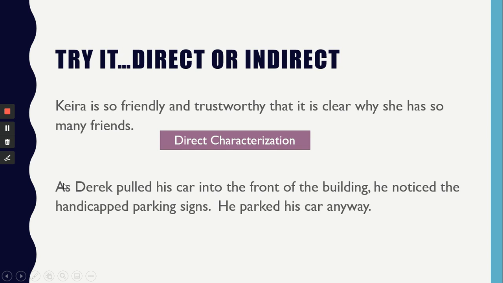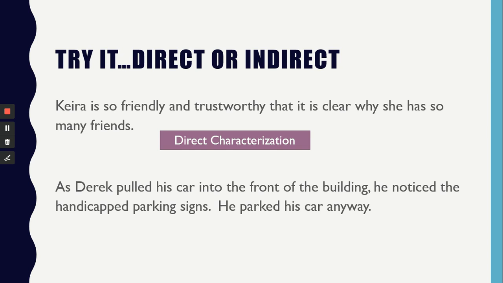The second example says, as Derek pulled his car into the front of the building, he noticed the handicap parking signs. He parked his car anyway. So it's implied here that Derek is not supposed to be parking there because it says he parked his car anyway. Would this be an example of direct characterization or indirect characterization?